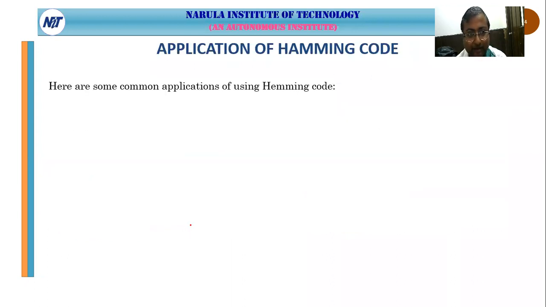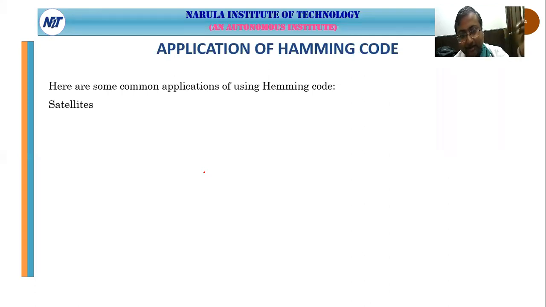Now, come to the application of the Hamming codes. Why will we learn the Hamming code? The Hamming code is used in the satellite transmitter receiver section, because the information should be more secure in the satellite. Okay, so for this reason we send a signal using the Hamming code, and then there is some receiver.